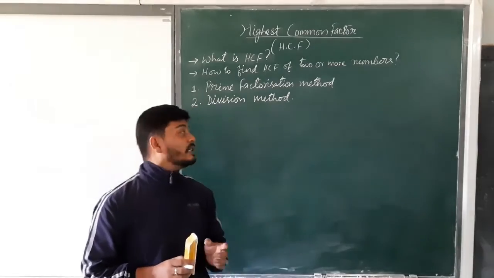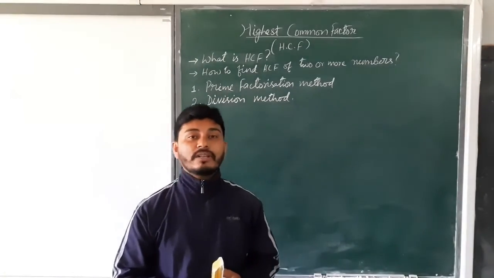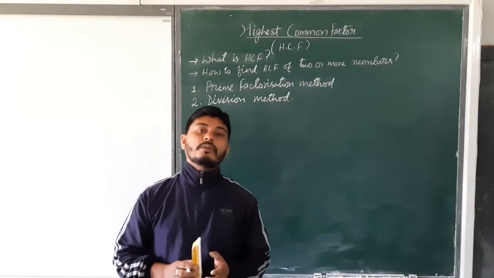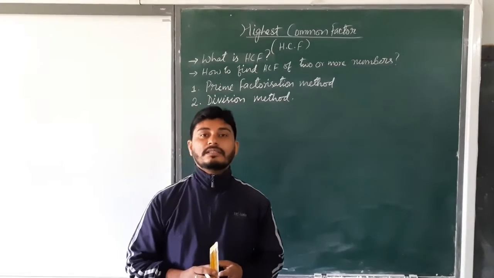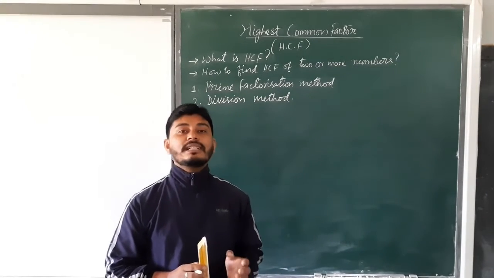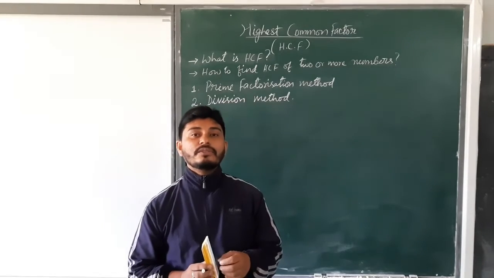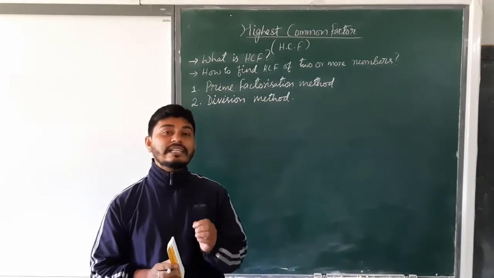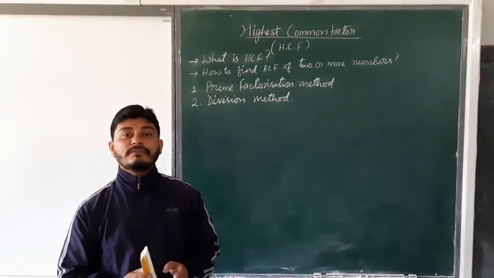I repeat, in the prime factorization method, first we find out the prime factorization of the given numbers, then we multiply the common factors using the least power. Here the concept of power will be used, which I explained in my previous class. So using the least power will be the HCF of those given numbers.